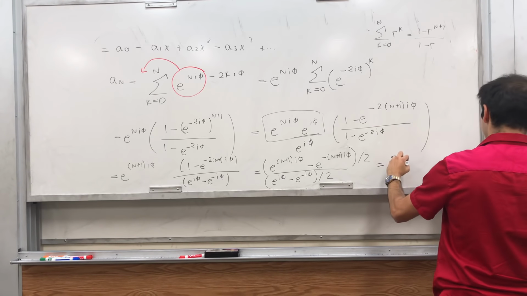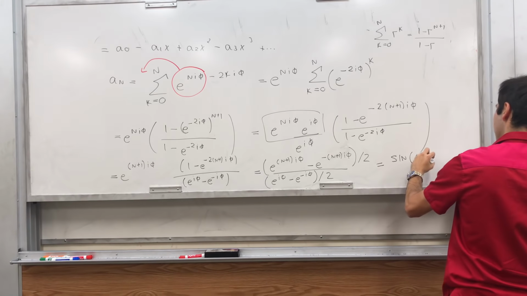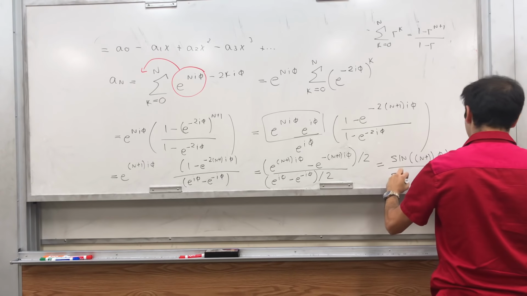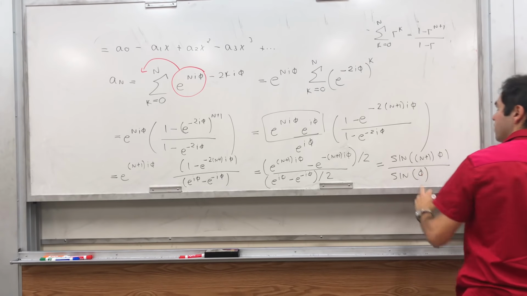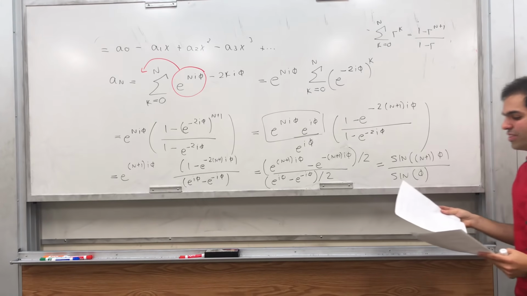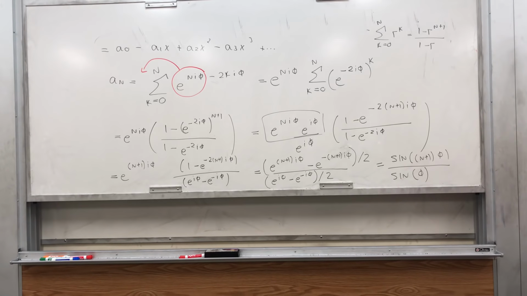So this just becomes sine of (n plus 1) phi over sine of phi. And therefore, this expression is actually a real expression, which makes sense because we started out from a real expression.